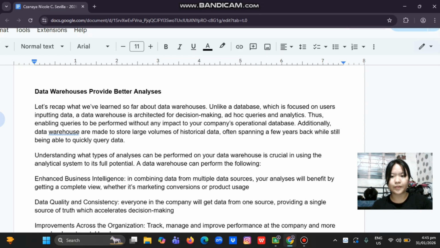Data warehouses provide better analysis. Let's recap what we've learned so far about data warehouses. Unlike a database, which is focused on users inputting data, a data warehouse is architected for decision making, ad hoc queries, and analytics, thus enabling queries to be performed without any impact to your company's operational database.